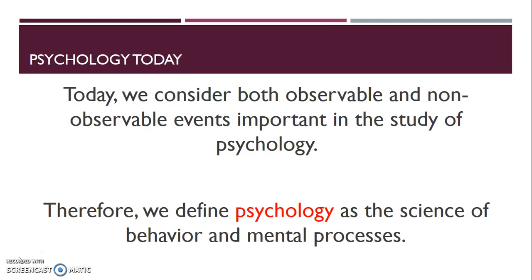And so psychology today, we consider both observable and non-observable events important to the study of psychology. Therefore, we define psychology as the science of behavior and mental processes. And we're going to talk way more about all of these people and all of these different approaches as the course goes on.